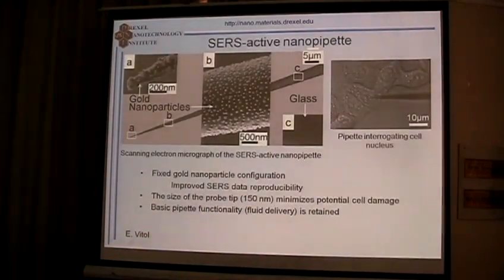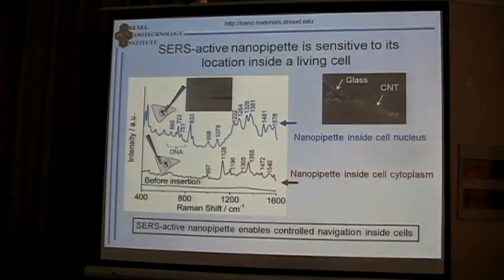Elena will show a poster tomorrow where you can learn about the details of the method. But this is a result that she achieved initially in glass. What is important, she distributed gold particles in a kind of uniform way and at the optimum distances that were shown experimentally to give the highest enhancement for the given wavelengths. As a result, we have very small fine probes with small tips of about 100 nanometers that can do surface enhanced Raman.